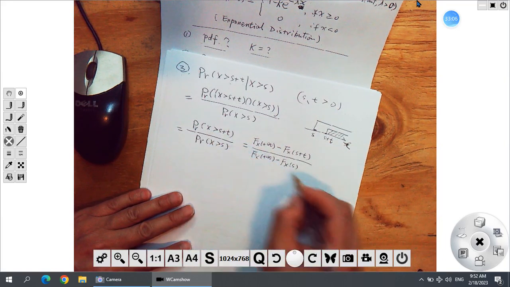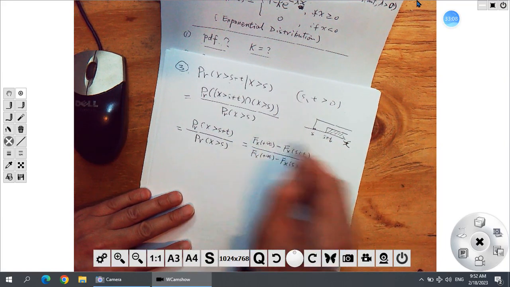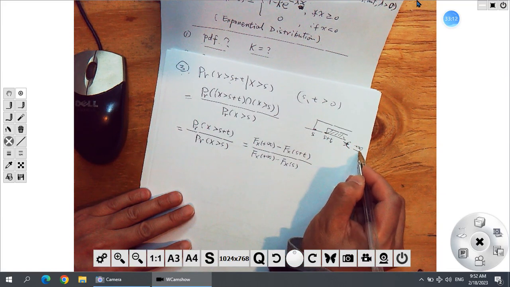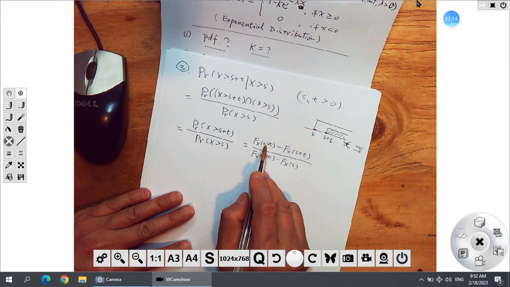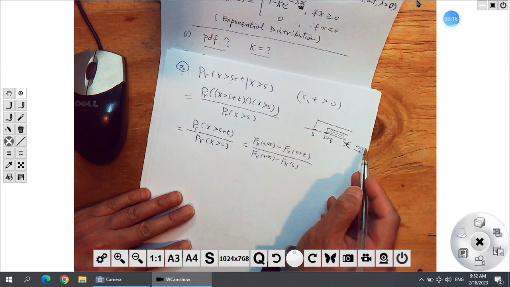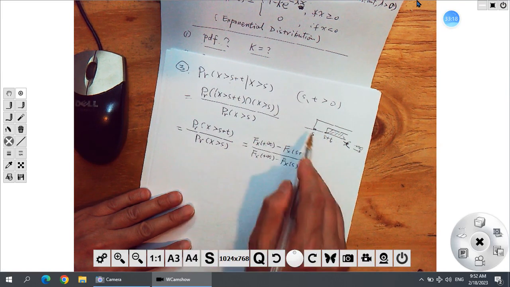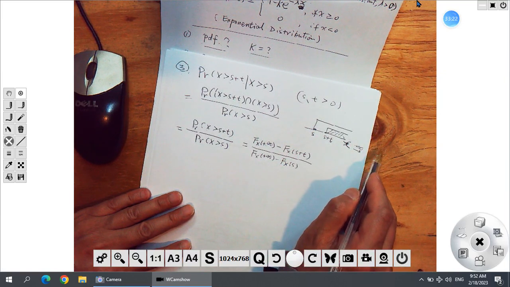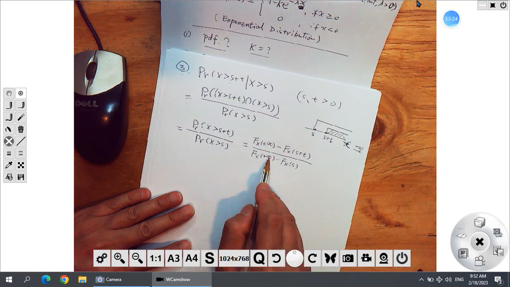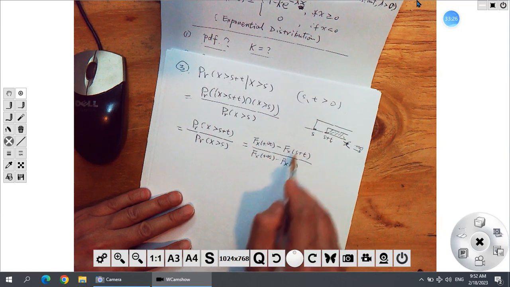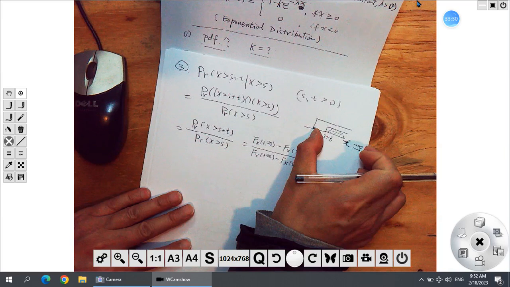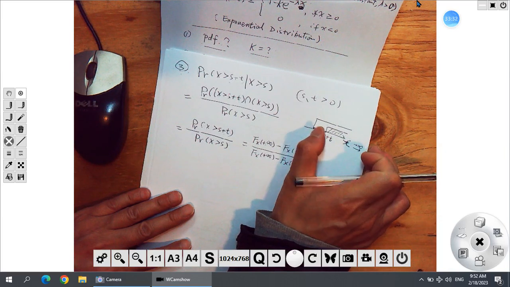Larger than s plus t means from s plus t to infinity, so it is infinity minus this point. The denominator is larger than s, from s to positive infinity, so the upper bound minus the lower bound.